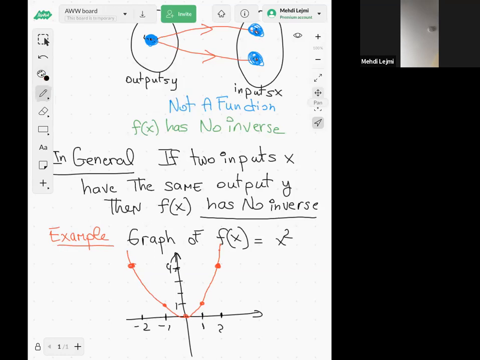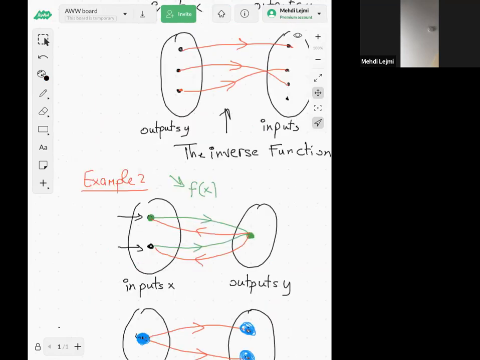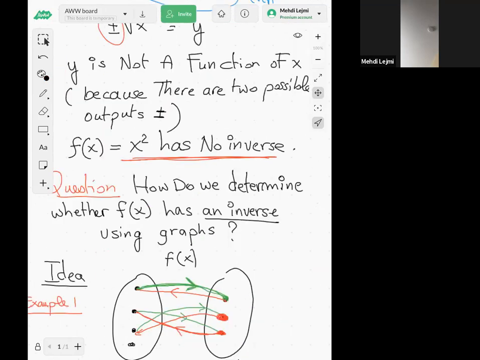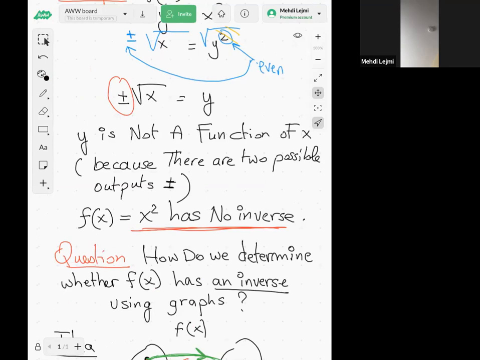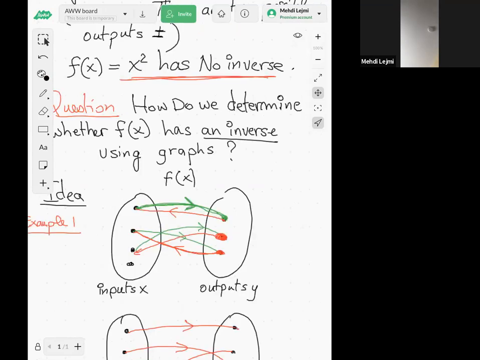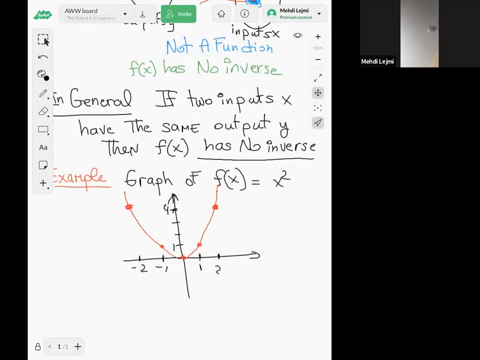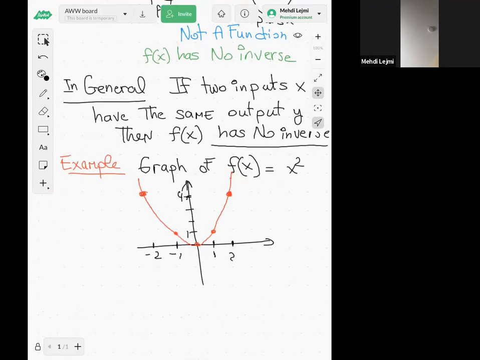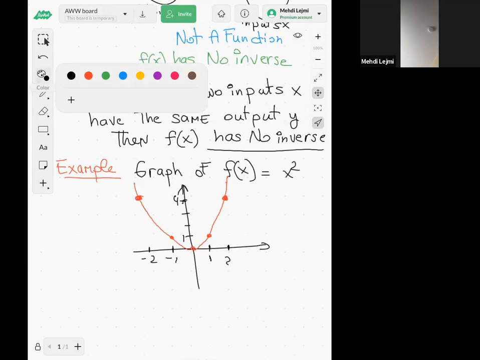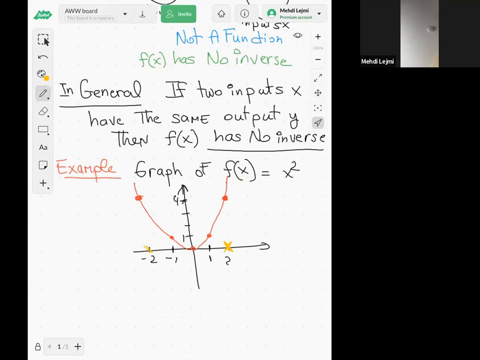Remember we said it has no inverse because when you solve for y, you end up with plus or minus, so it's not a function. And here you can see, if you take for example -2 and +2, they have the same output, which is 4.